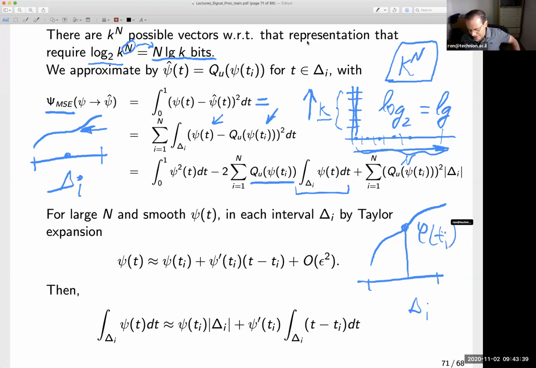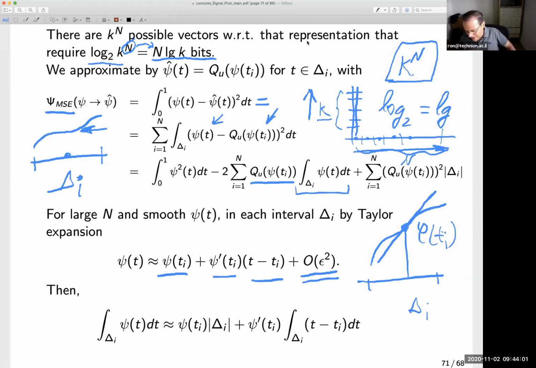And I have the value at ti plus the slope that multiplies t minus ti. Okay, so it would multiply the slope plus higher order terms that I do not care about now, because I would like to have some reasonable estimation of my signal.